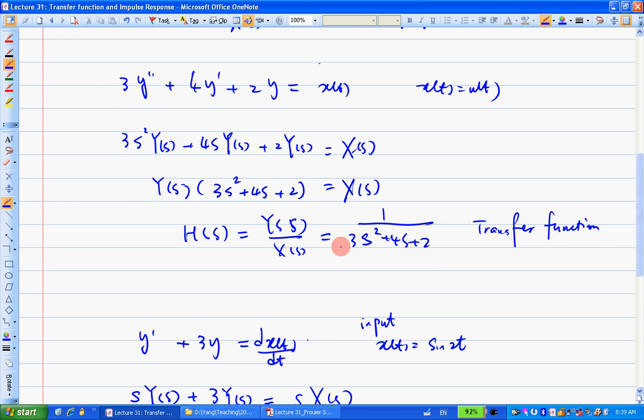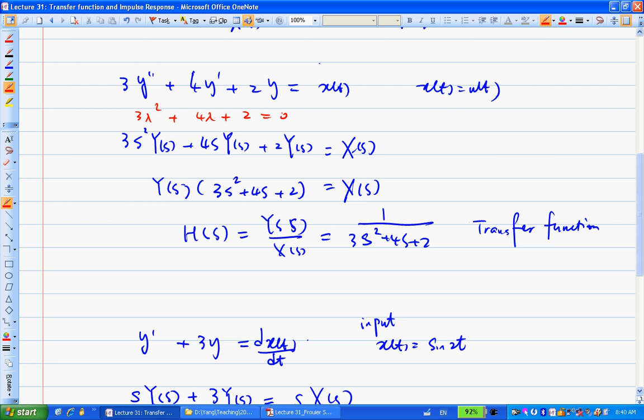For this one right here, if you go back to the second order one, when we were talking about solving this differential equation in the time domain, what's the first step that we do? We find the so-called characteristic equation, right? The characteristic equation in this particular case is 3 lambda squared plus 4 lambda plus 2 equal to 0.